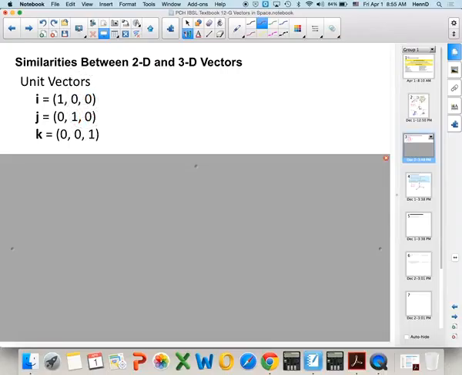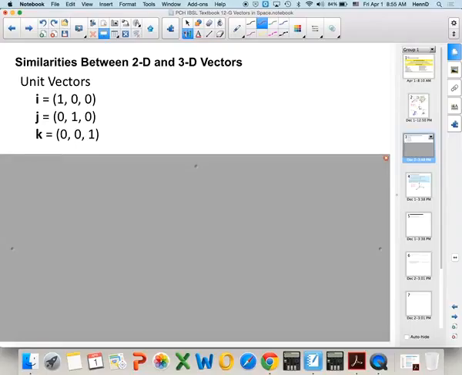Well, in 3 dimensions, we still want it to have a magnitude of 1, so their Z component here is 0. And then we have this K unit vector. So we have I, J, and K, and it's 0, 0, 1. One unit in the Z direction. So that's a similarity. We just put on that third component.